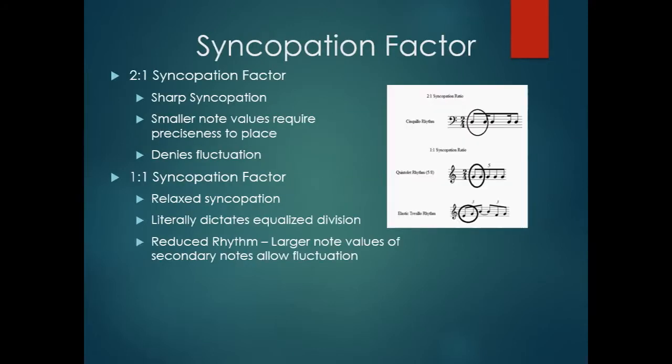Another way that we could look at these rhythms is as what I call the syncopation factor. The cinquillo rhythm indicates a sharp syncopation with a 2-to-1 syncopation factor. If you look at the first two notes, we have an eighth note and a sixteenth note.